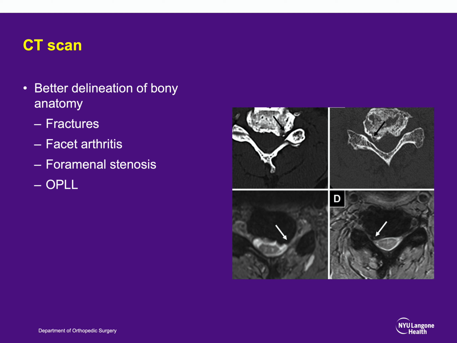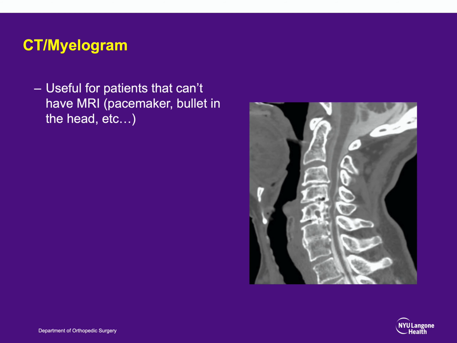Sometimes on the MRI, it's difficult to ascertain whether this protrusion that is seen represents a soft disc versus a hard disc, and correlation with CAT scan can often confirm presence or absence of any bony osteophytes. And obviously, OPLL is best visualized on CAT scan.